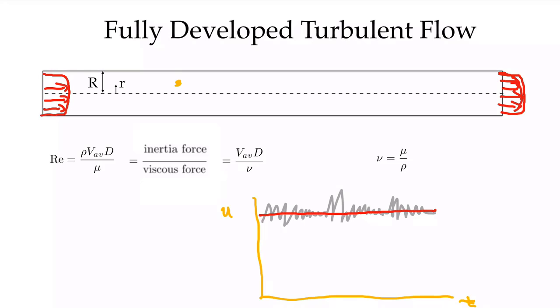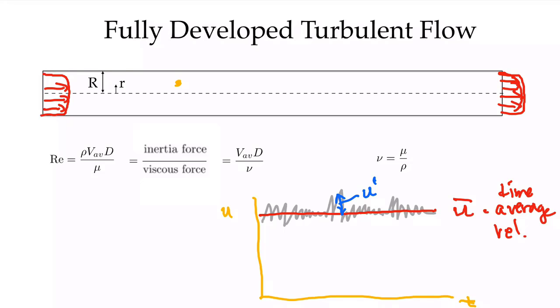And being noisy, we can take an average value of this. So this is U bar, the time average velocity, and of course these deviations from the average are these fluctuating velocities.